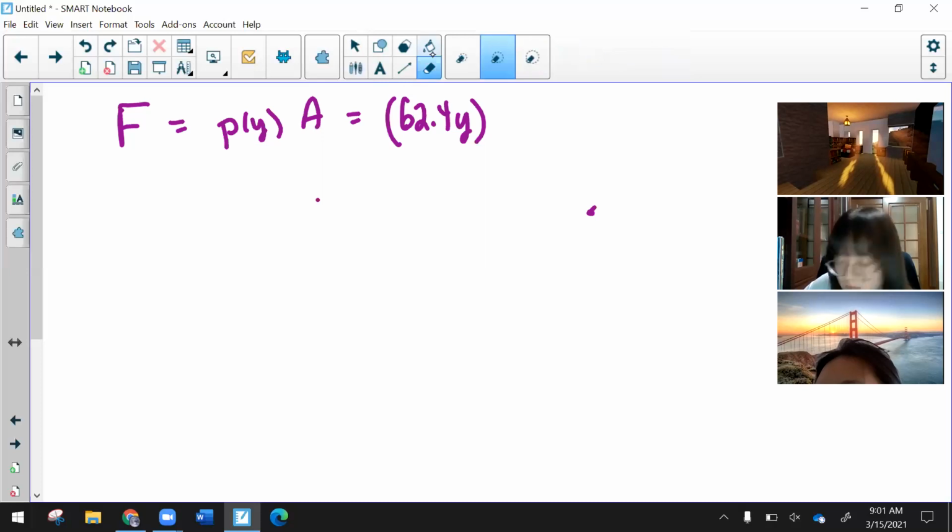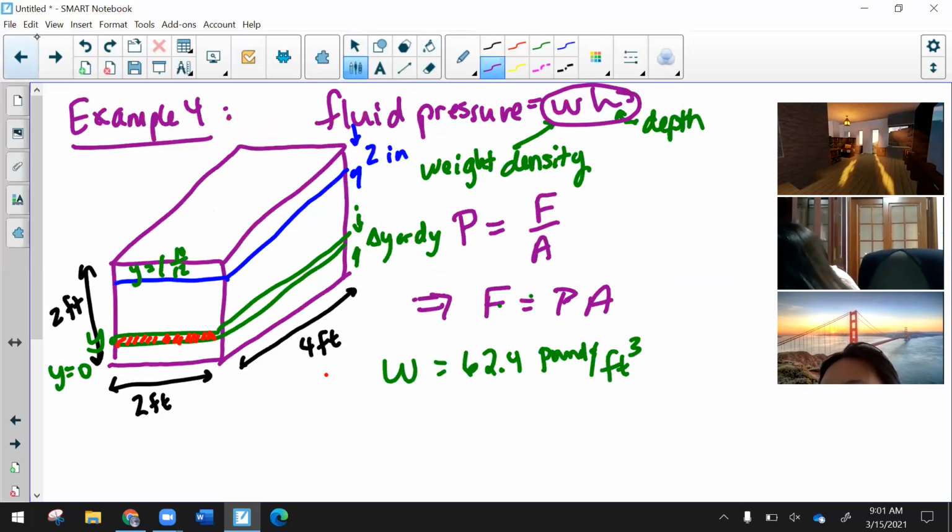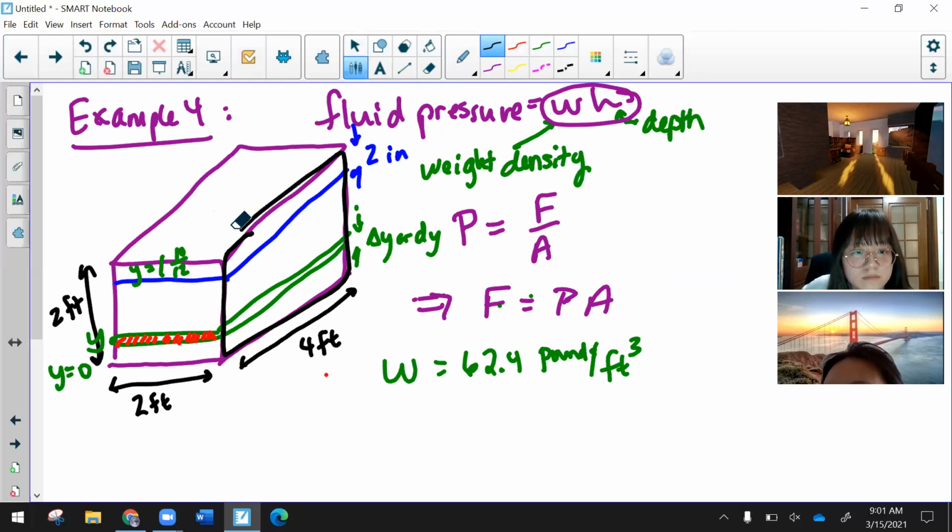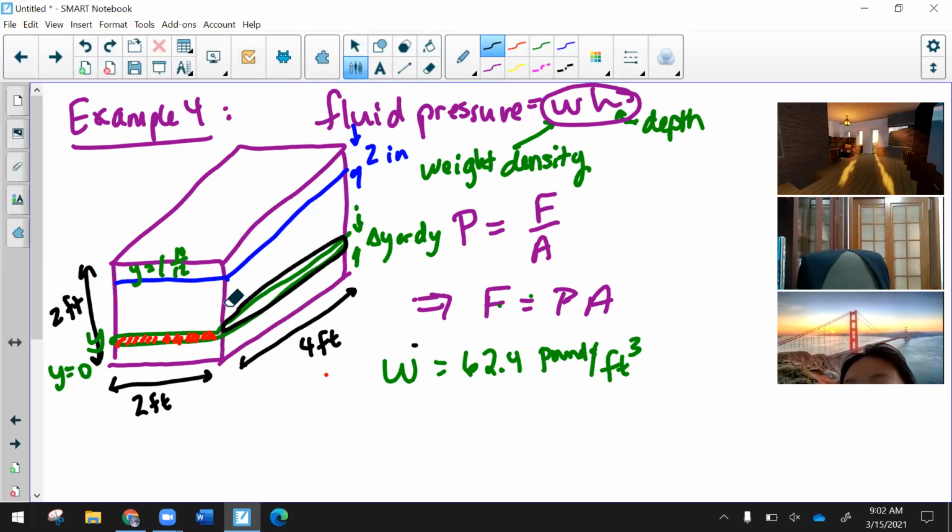But what's the area now if I'm talking about one of these sides here? What's the area of this side? Or more importantly, what's the area of this little slab here? Four dy. Yep, if all I'm talking about is my little slab here, that's going to be 4 dy.